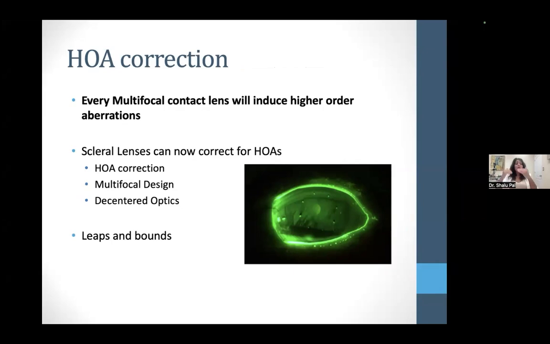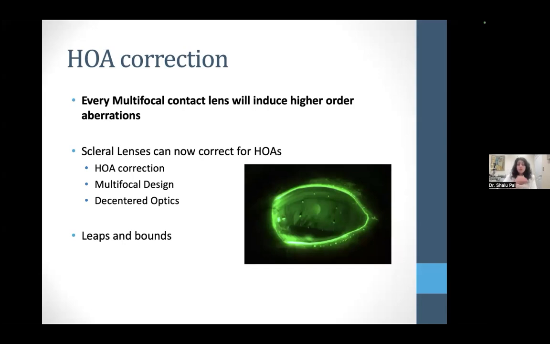You can put the higher order aberrations on there. You can put multifocal designs on there. Compared to where we used to be, there are so many options out there. I want you to be thinking, why is this not working and what else can I do in the world of contact lenses to help give my patients better vision when it comes to multifocals?